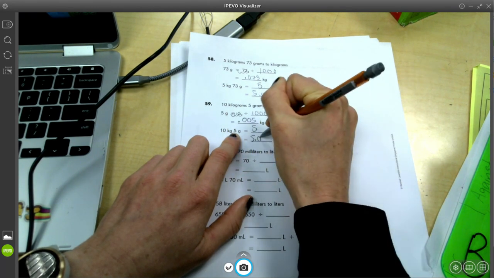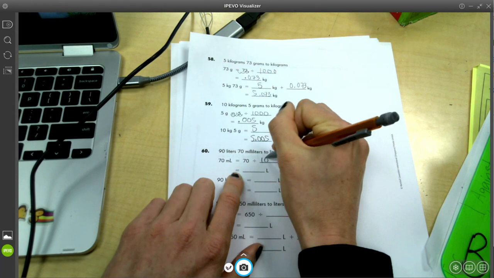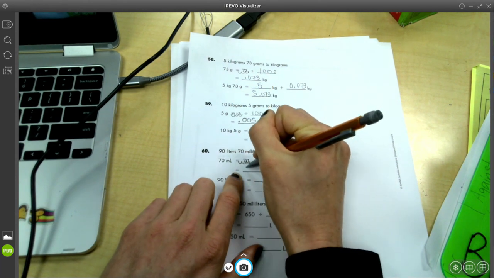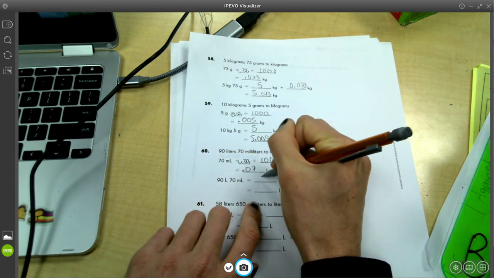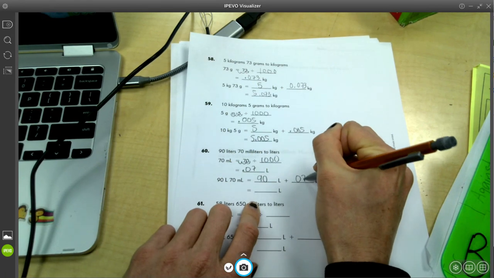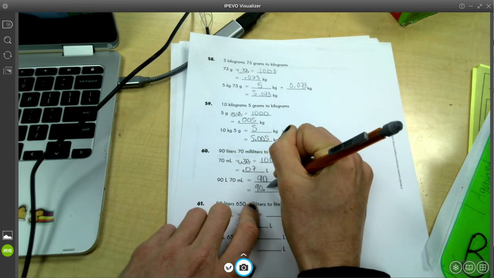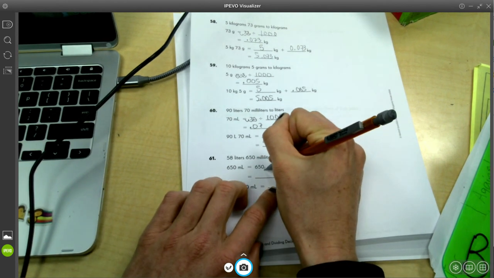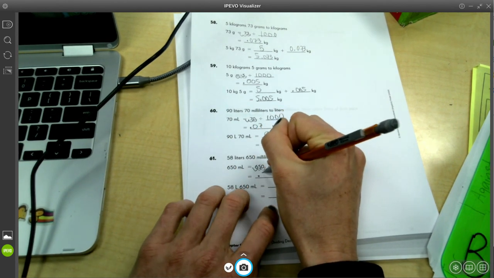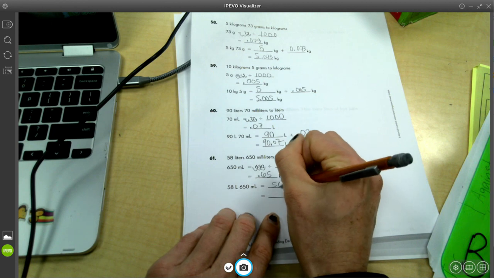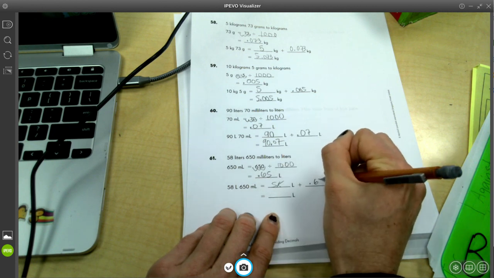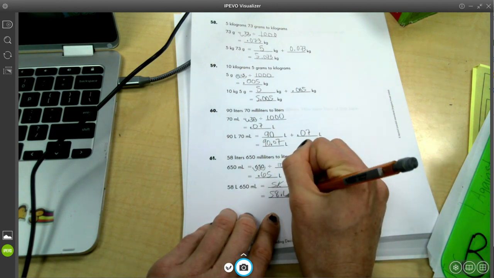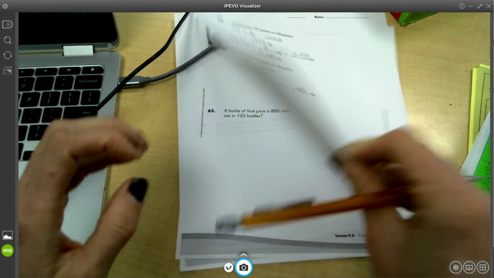Divide by 1,000, 1, 2, 3. 90.07. Divide by 1,000, 1, 2, 3. 58.65. All right, some word problems here.